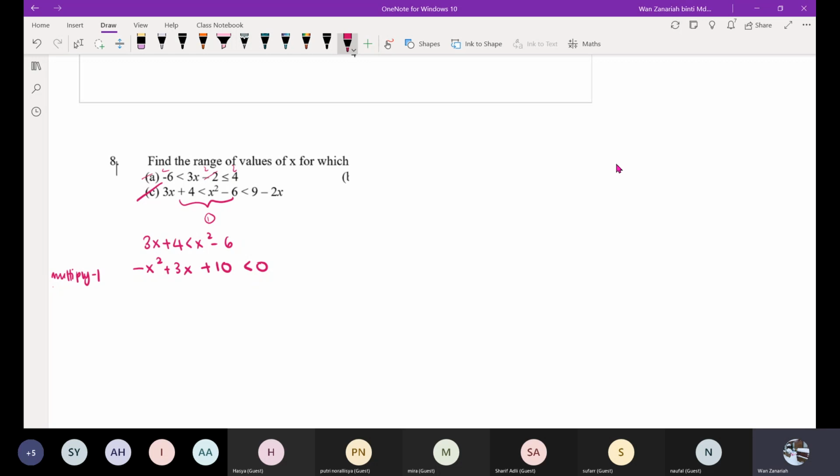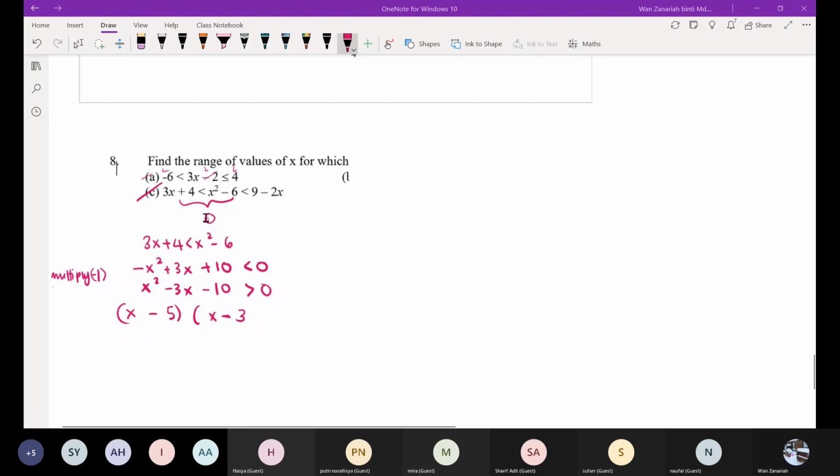So it becomes x square minus 3x minus 10, and the sign changes, greater than 0. Okay, and then now you factor it out. Factor gives what? x minus 5, x plus 2, greater than 0.